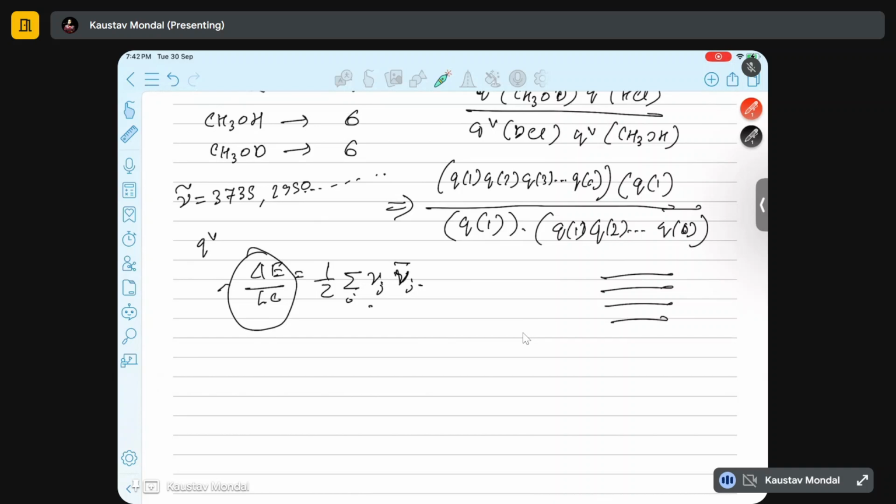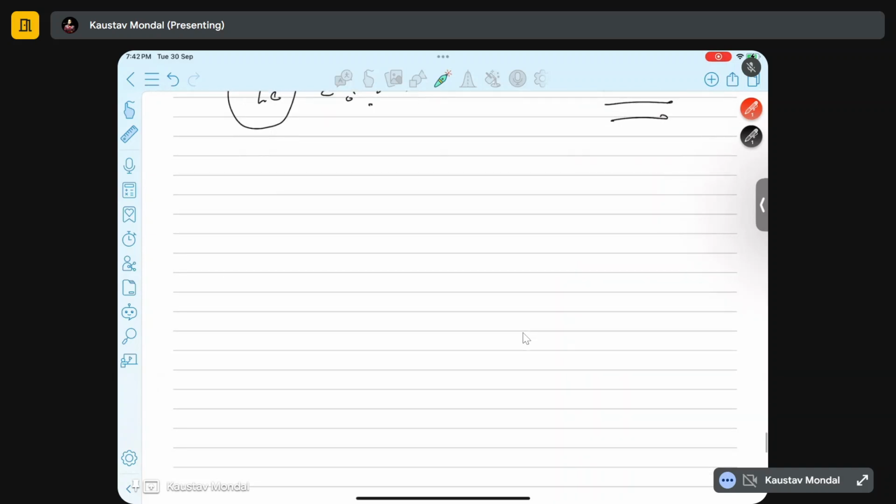Now the next thing that we are going to discuss is how you can calculate the Gibbs free energy. One way the Gibbs free energy can be calculated is from the equilibrium constant, right? So let me write.